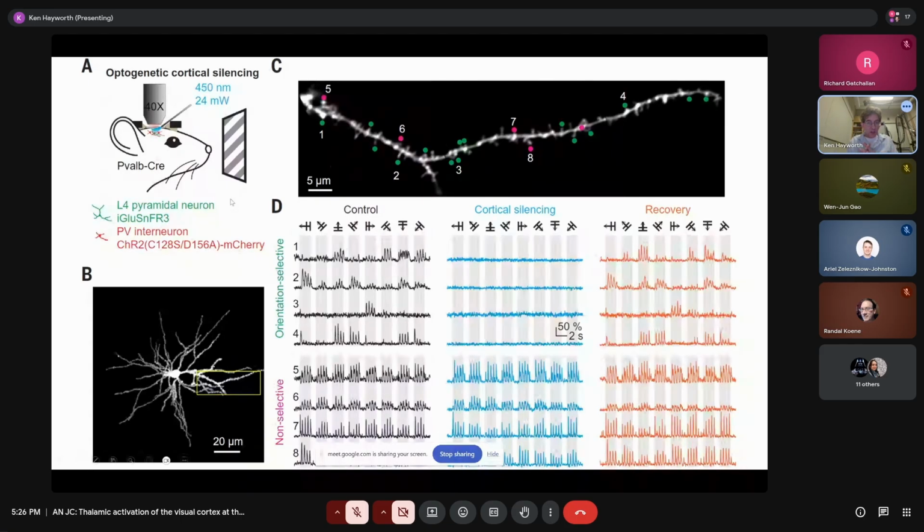Unlike the calcium indicator, that should give a response to any excitatory input, even if it doesn't have NMDA receptors. And so this is in B here. This is the cell that they transfected, and in C, this is looking at one of the basal dendrites, highlighting particular synapses that they are doing glutamate sensing on.